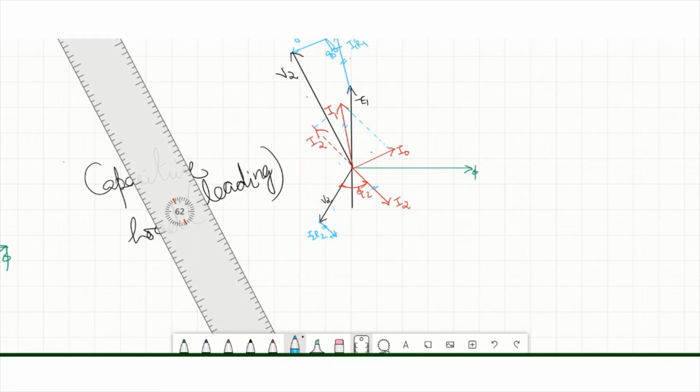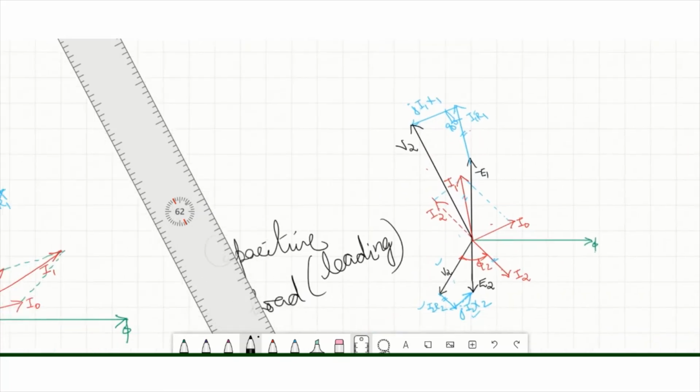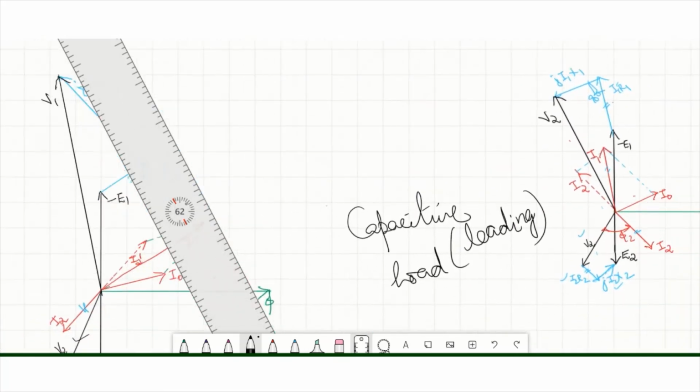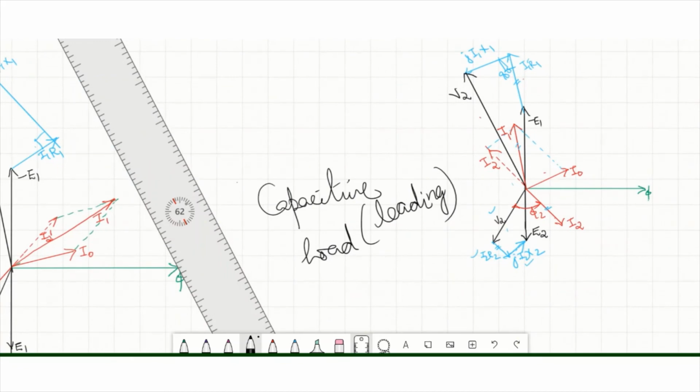I2 X2 at 90 degree with it, J I2 X2. Now the resultant of V2, I2 R2 and I2 X2 will give E2. So these are the phasor diagrams for a single phase transformer at all the loads. Okay, thank you.